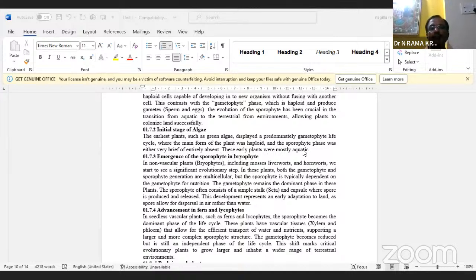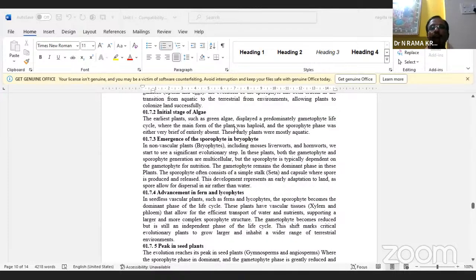These early plants were mostly aquatic. Aquatic plant means algae, there is no sporophytic stage. Their only dominating stage is the gametophytic stage, and the sporophytic phase is entirely absent.